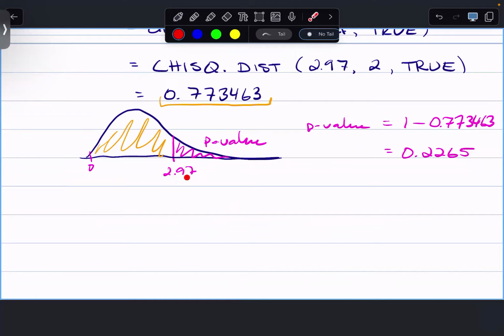It's just the area to the left, so it's the probability of seeing something less than that. But we're always interested in the probability of seeing something more than what we saw, and that's our p-value. So it's like a gateway to the p-value. Yeah. I'm surprised that this one isn't.